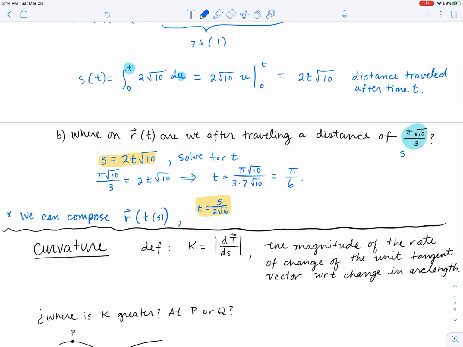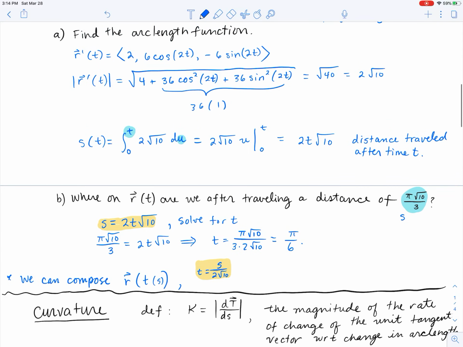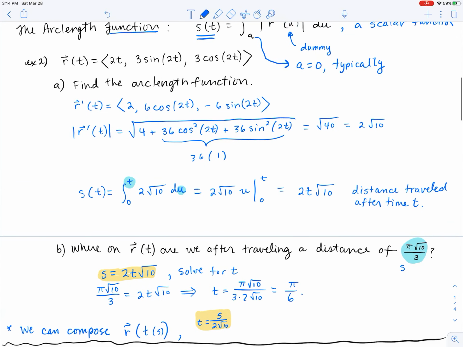And so what we can do, let me scroll up a little to look at what r is. Here's our r. And so if we compose those two functions, we're putting that t, the t equals s over 2 root 10, into r.